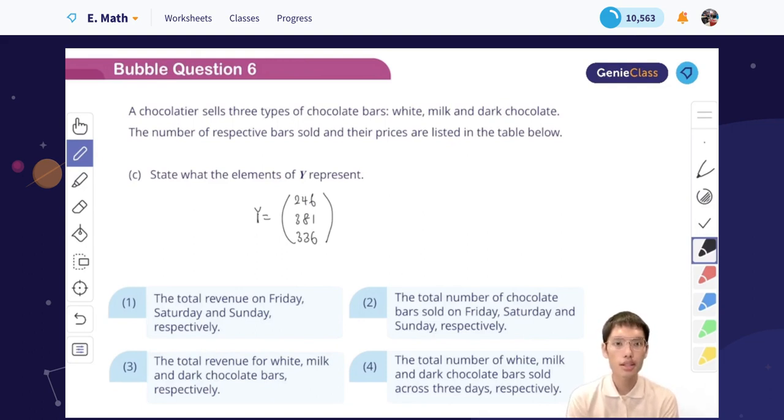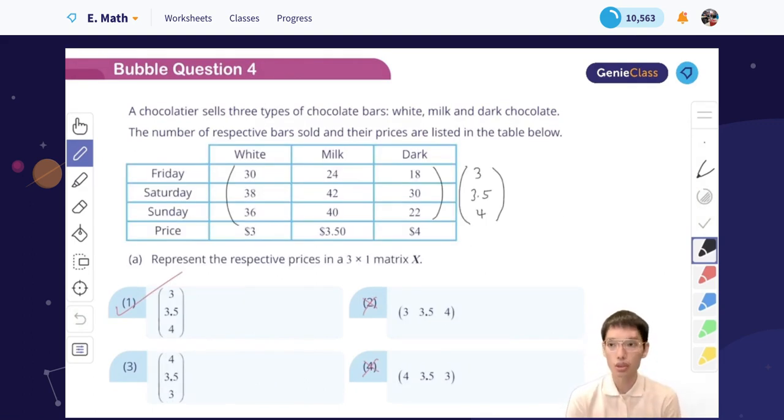Okay, some of you are falling into the trap. Last 8 seconds. Okay, seems like I need to go through this one. So let's view back. If we go back to my bubble question 4, when I matrix multiply, some of you fell into the trap and answered option number 3, total revenue for white, milk and dark chocolates respectively.